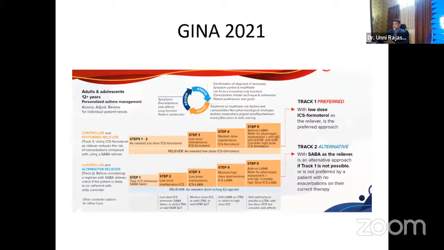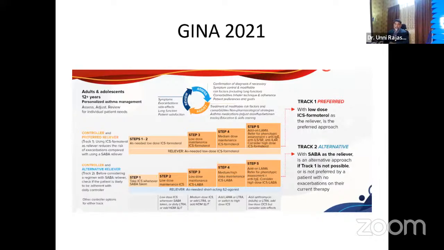Track 1, the low-dose ICS-formoterol as a reliever, is the preferred approach, and track 2 is an alternative approach with SABA as a reliever, if track 1 is not possible or is not preferred by the patient with no exacerbations on their current therapy. This is one of the characteristic guideline changes in the GINA guidelines.